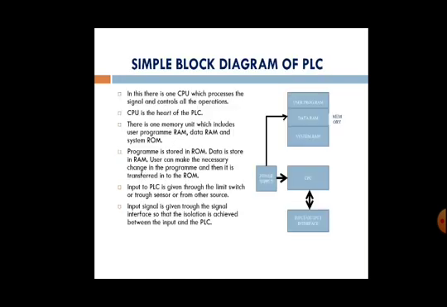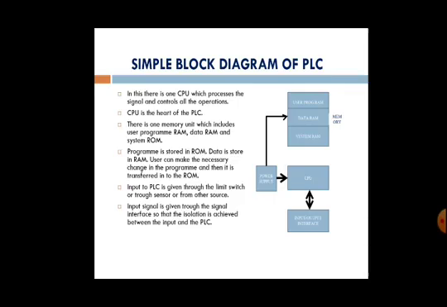The next point is simple block diagram of PLC. As shown in the figure, this is a block diagram of PLC, in which CPU unit, power supply, user program RAM, data RAM and system ROM are there. It is called memory, and input output interface is there.